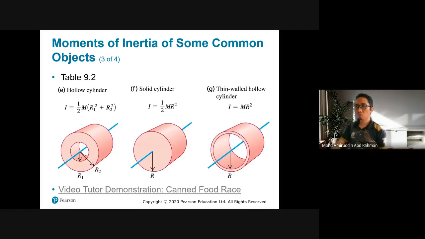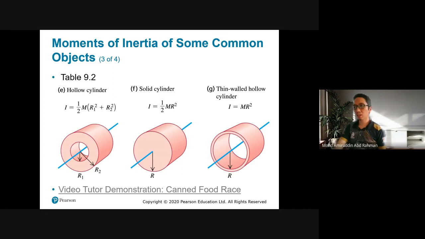Now we have a cylinder. We can have a hollow cylinder, with a hole at the center, or a solid cylinder with no hole.